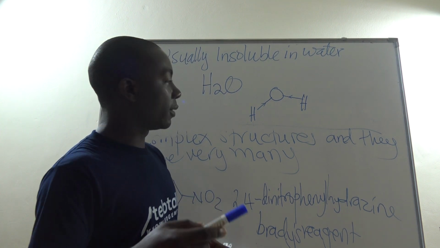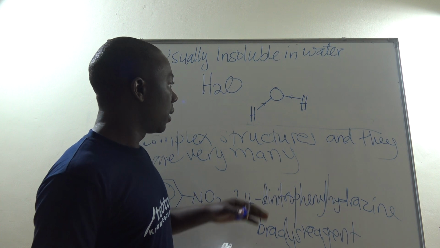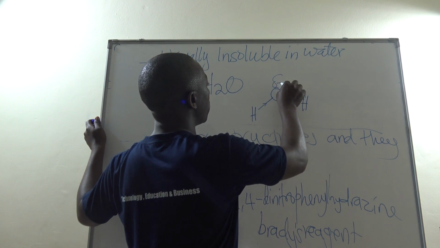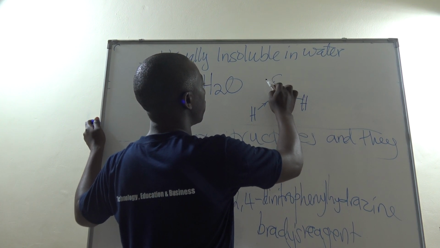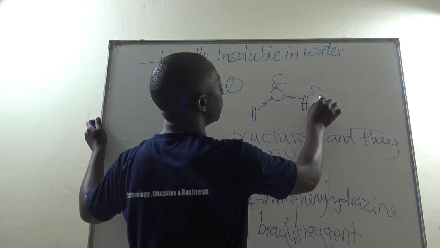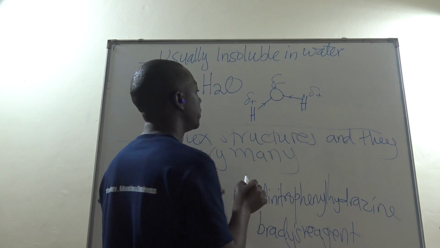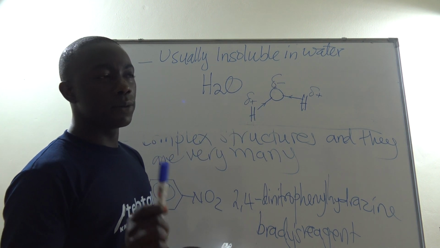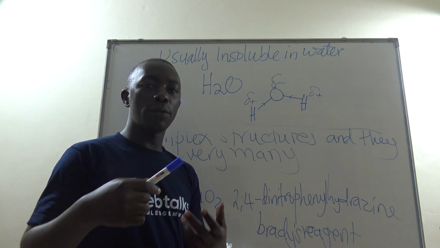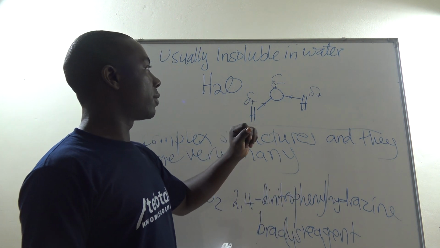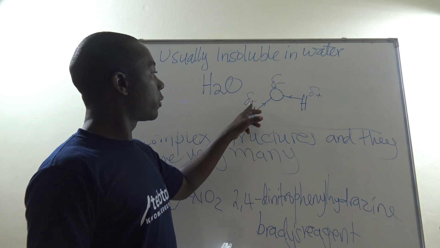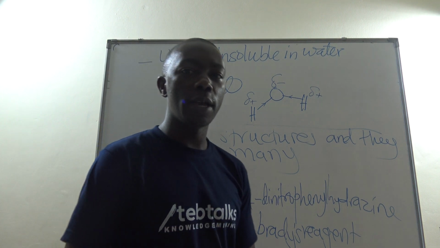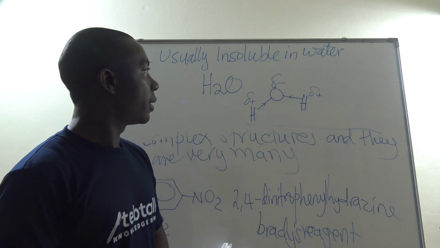That tendency of withdrawing electrons makes it acquire a partial negative charge, leaving hydrogen with a partial positive charge. Oxygen is able to do that because it is highly electronegative. The formation of the partial positive and partial negative causes it to be called polar, in other words, formation of dipoles. So water is a polar solvent.